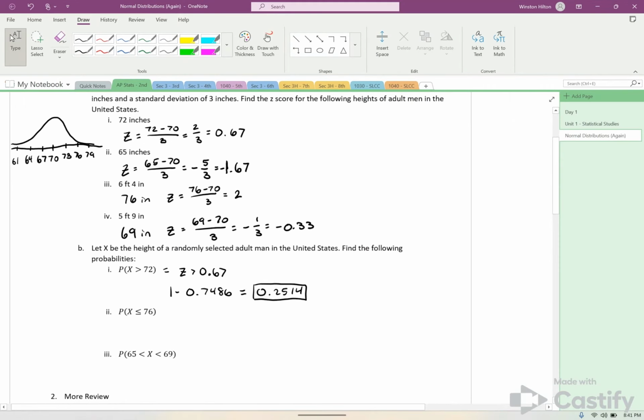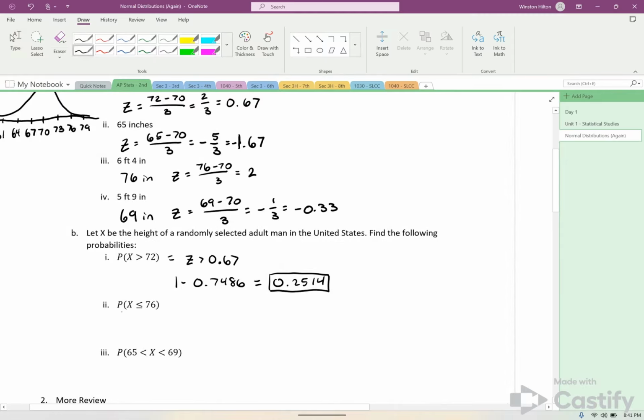All right. Next one, we want to find the probability that a randomly selected man is less than or equal to 76 inches tall. Does that equal to actually matter? No. As we talked about last time, a normal distribution is a continuous curve, so it's not possible for a value to be exactly equal to any specific number. So that equal sign doesn't actually affect anything. So we are going to find the z-score for 76, which we already did.